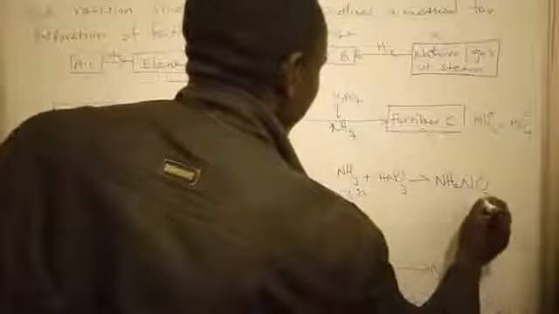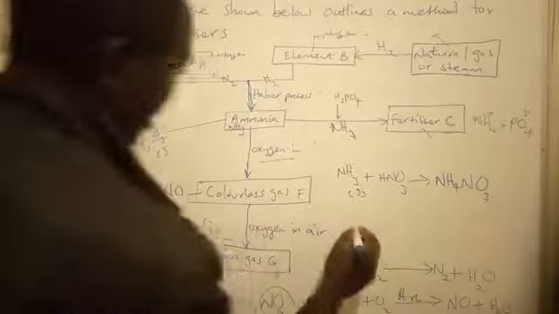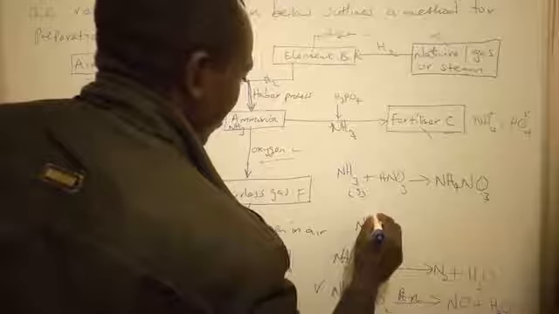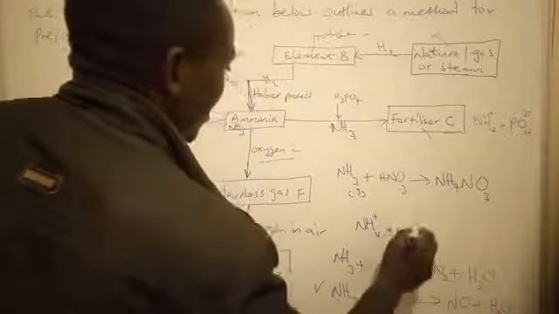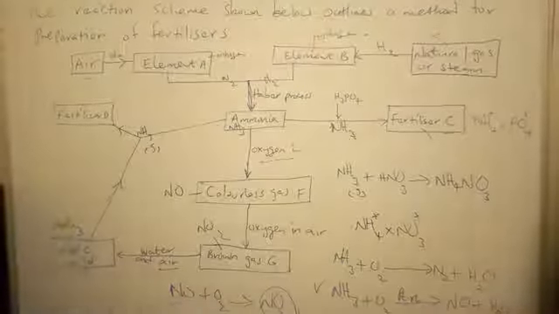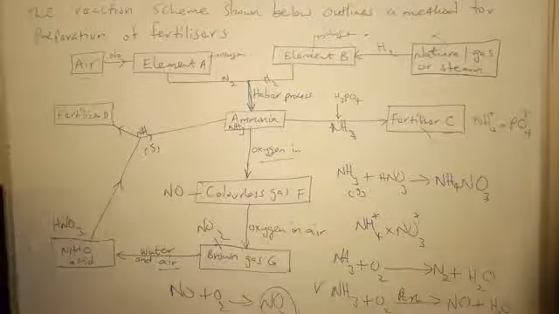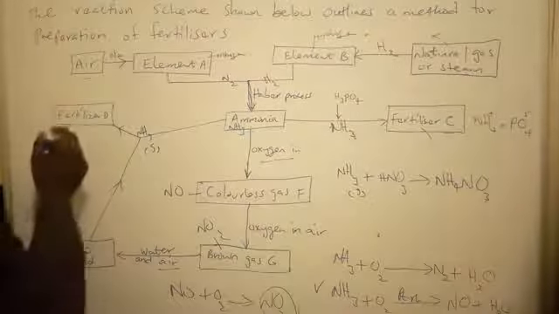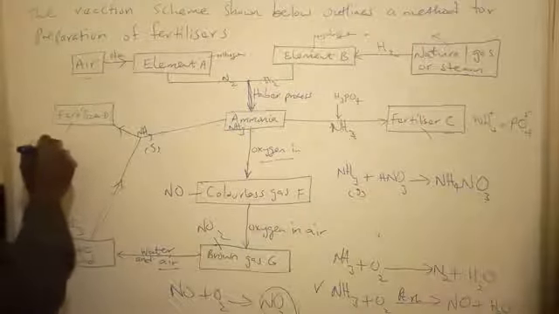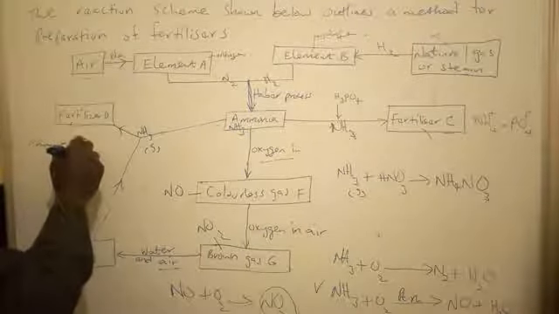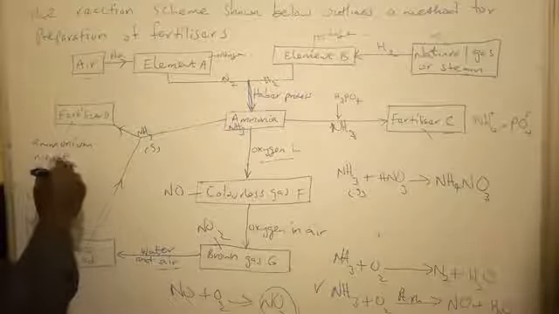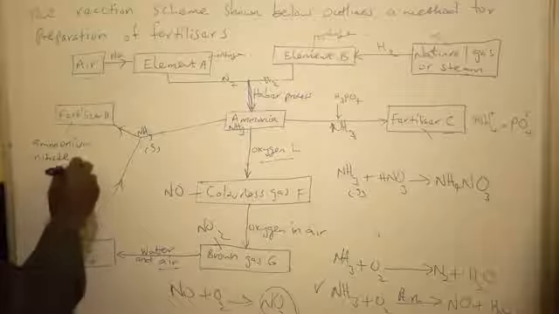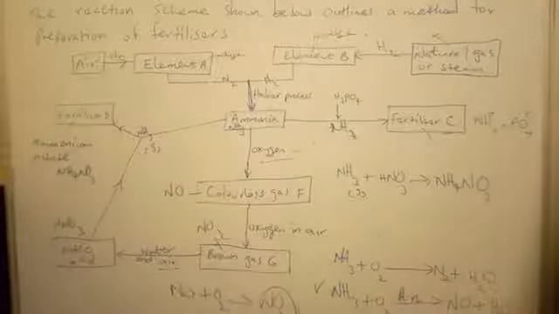Ammonium nitrate is NH4 positive and the nitrate ion, one of each, so we end up forming ammonium nitrate. So this is also a fertilizer. This fertilizer here is ammonium nitrate, that is NH4NO3. I think I've answered all the questions.